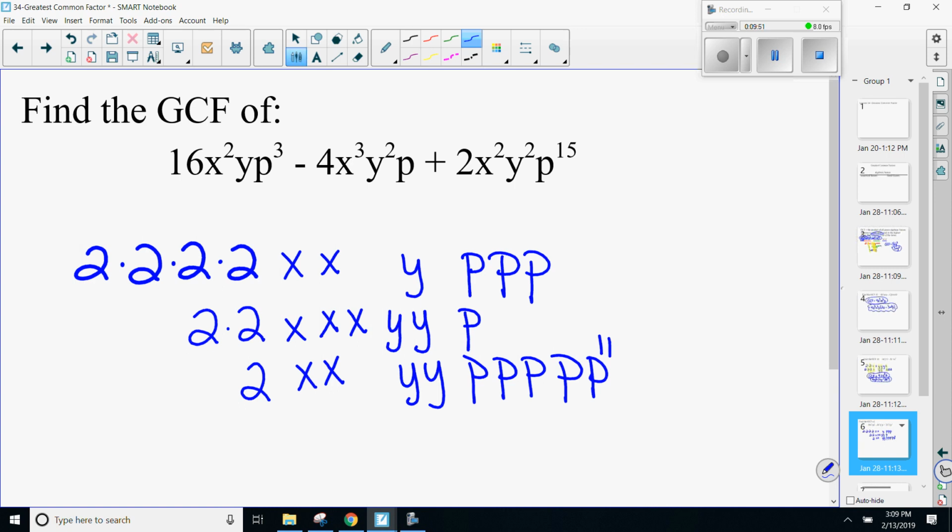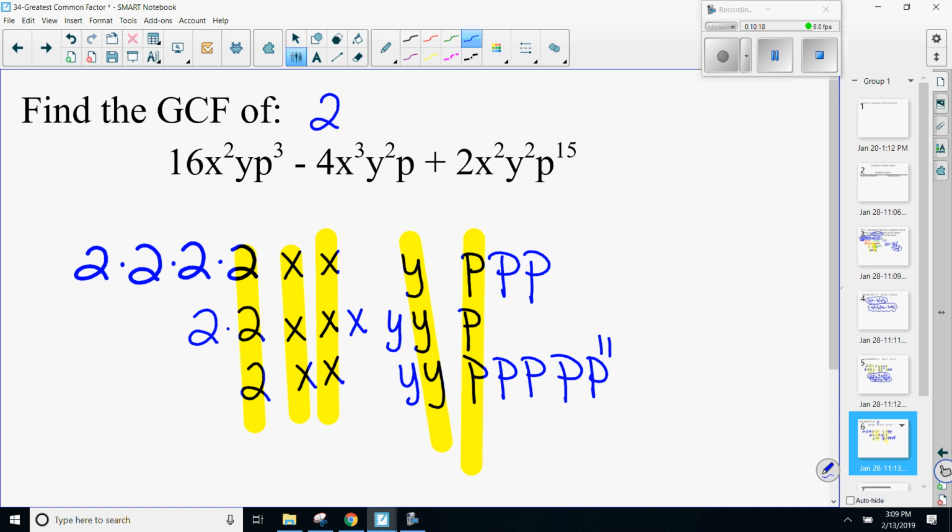All right. What is the greatest common factor? 2 to the first, x squared, y to the first and p to the first. So you look at it and you say, what goes into 2, 4, and 16? Just a 2, right? If there's an x in every single one, you go with the smallest power.